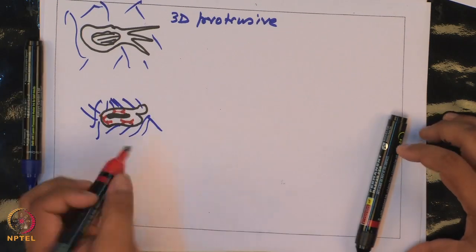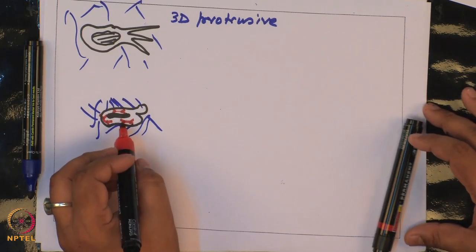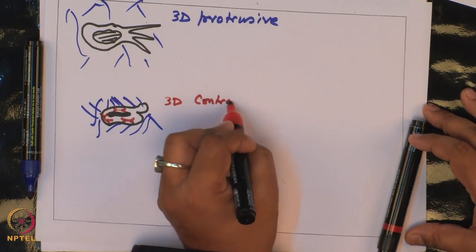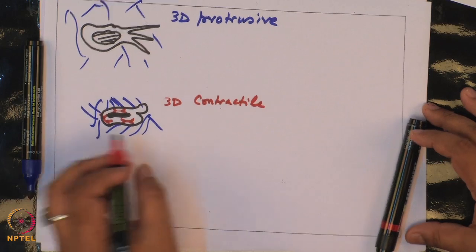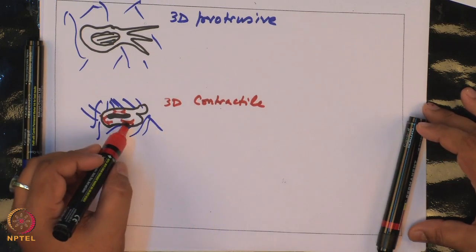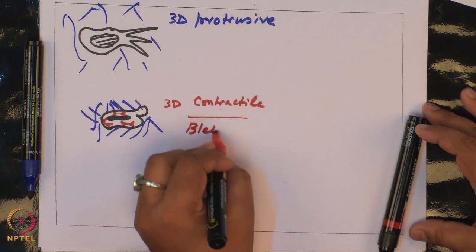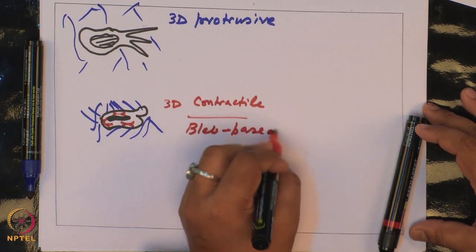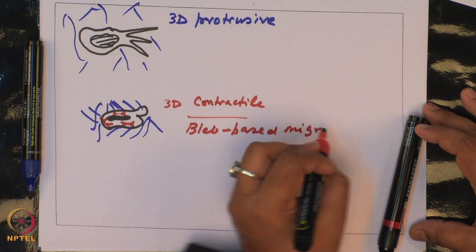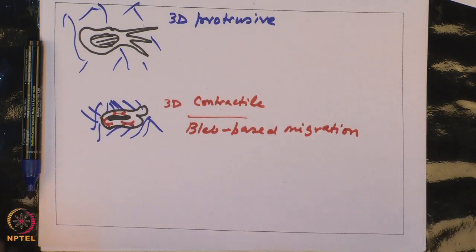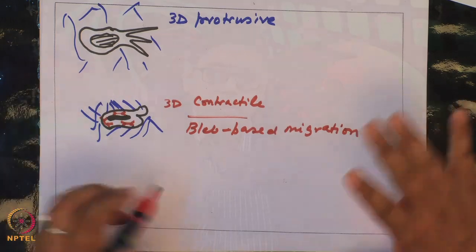So, in this case the nucleus, the 3D contractile, so this is 3D contractile. So, in the case of 3D contractile, the nucleus has to be deformed. So, again in 3D contractile you have a bleb based migration. Okay. So, this is just a brief overview of all the different types of amoeboidal motility you might have.